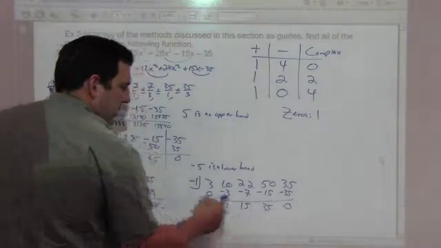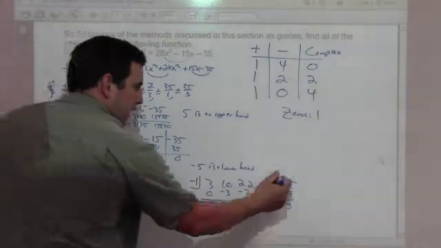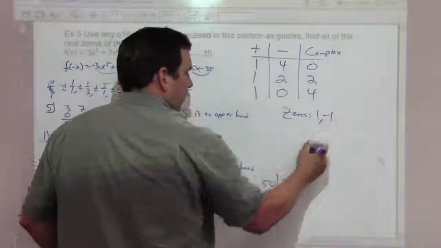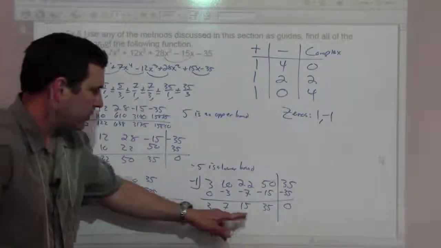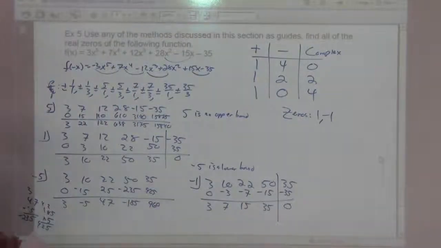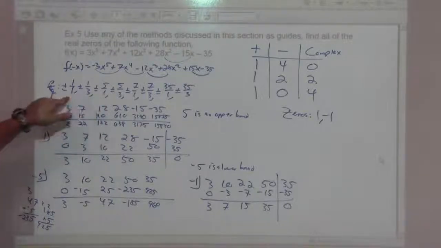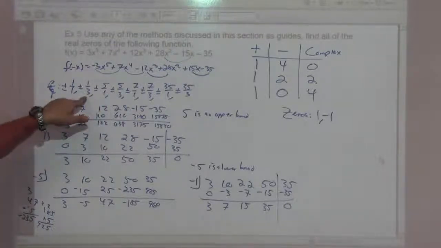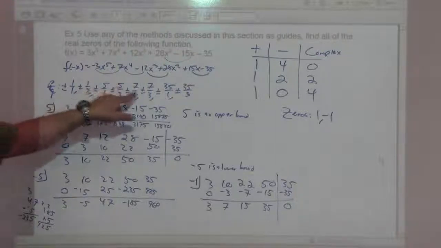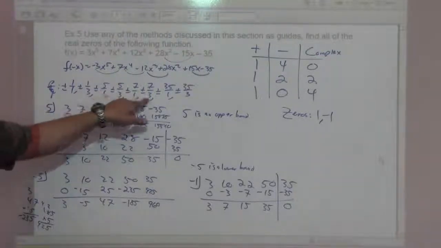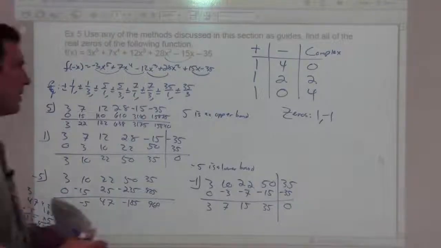Now these are all positive, so negative 1 is not a lower bound, but it is a zero. And look, now we have 4 terms to work with. Okay, sadly I think we're out of all our integers. So we have plus or minus 1/3, negative 5/3, and negative 7/3. So let's try negative 7/3.